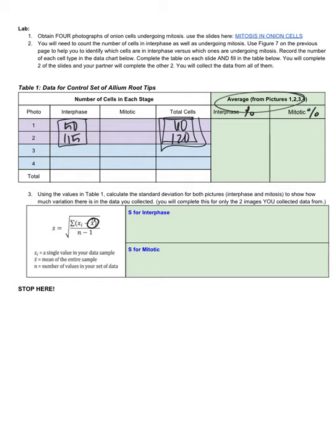When you're solving for this, those individual percents for each set of cells are going to be each of your X values. So for X, just plug in that percentage for each set, compared to the total cells for interphase and then for mitosis, and that should be a more accurate standard deviation for you.